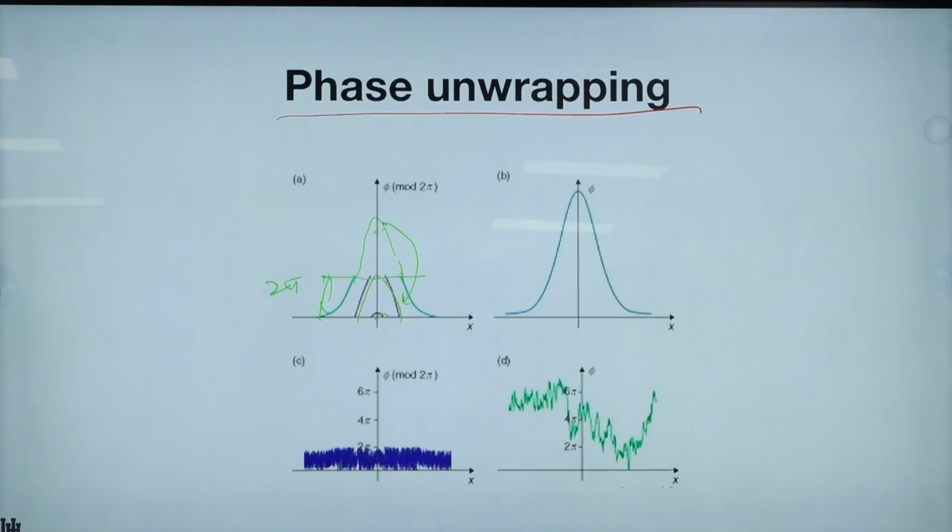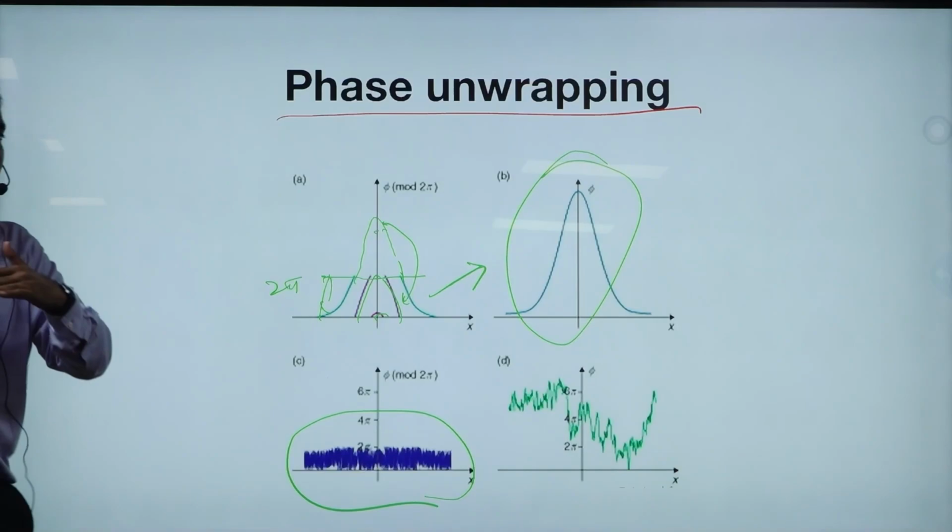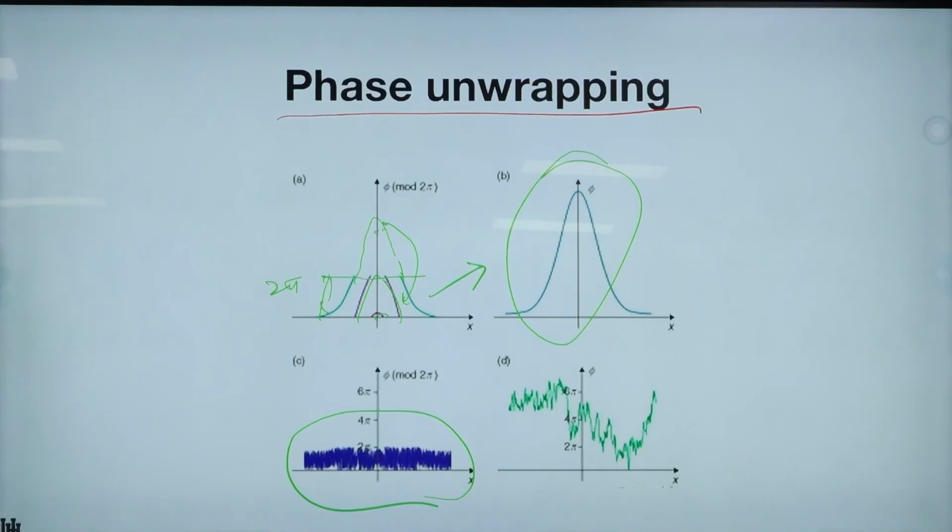On how to undo this, there are algorithms to undo it, and when you have smooth data like this, you can go from here to here with relative ease, because it works very well. But when you have noisy data in the real world, you really cannot know if the phase changed from one point to the next.